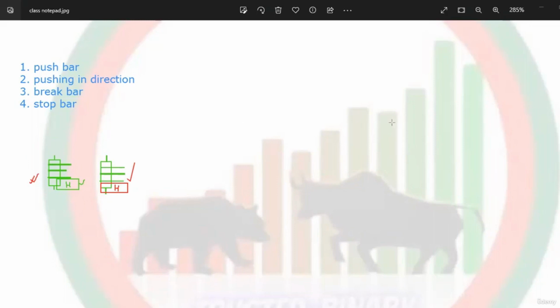Why? If we analyze this candlestick very perfectly, suppose this candlestick formed. When it formed, both buyers' and sellers' volume were available in this candlestick.